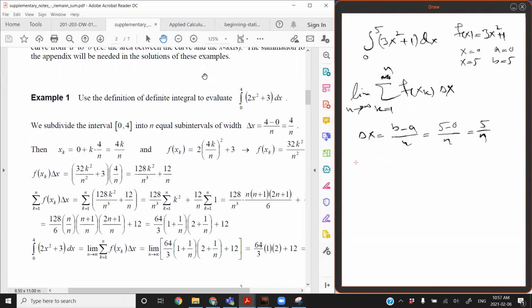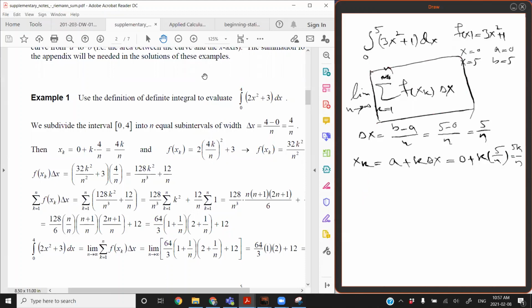Then I find xk. xk is a plus k delta x, so it's going to be 0 plus k times 5 over n, so 5k over n. So I need to first write this part in terms of n, and then take the limit of that as n approaches infinity.